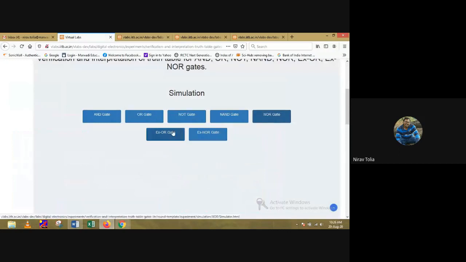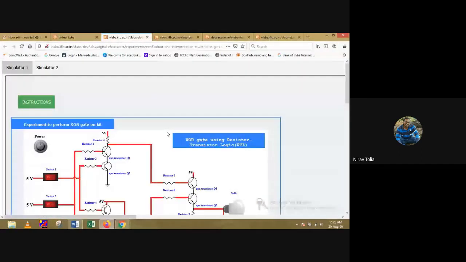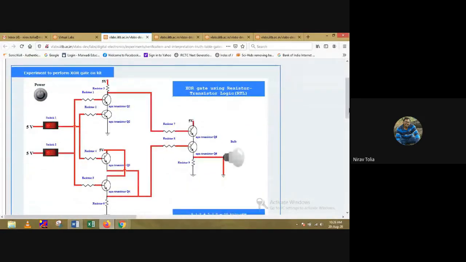Now going to another gate, which is the exclusive OR gate. So this is a somewhat more difficult figure. Instead of a battery, we now have a power switch. If you want to switch it on, you have to click on it, and then it will be on.